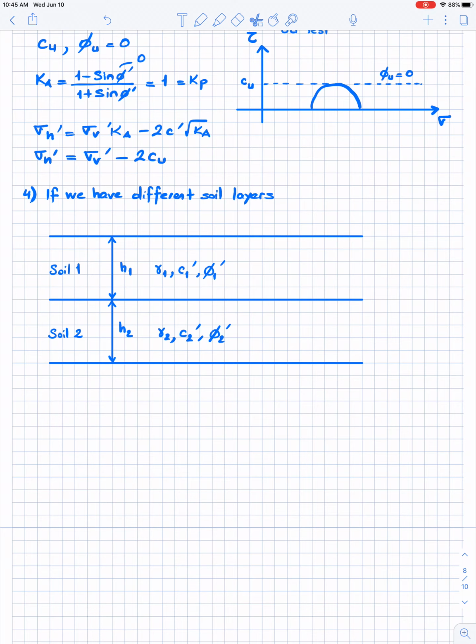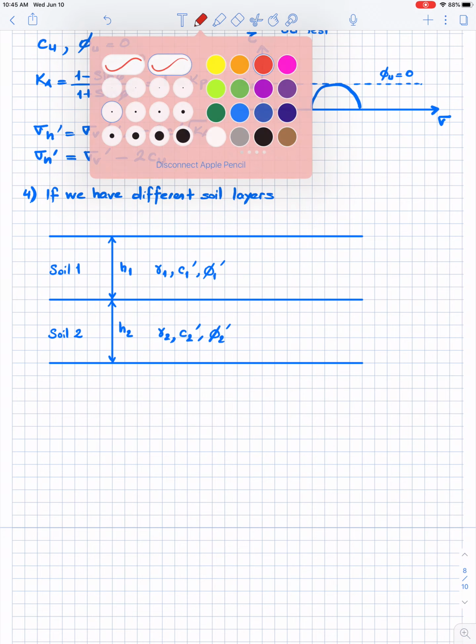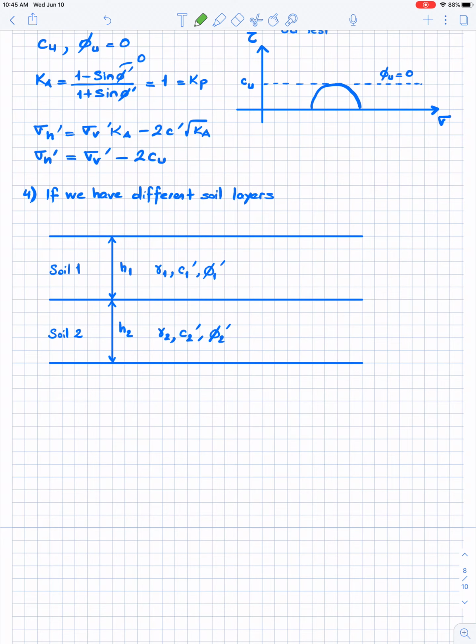Let's imagine a scenario where we need to calculate the active pressure for soil 1. I have a tension zone, and let's assume that this is PA1.